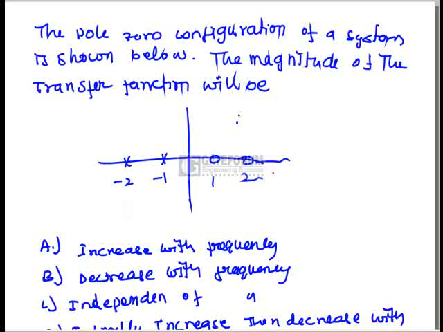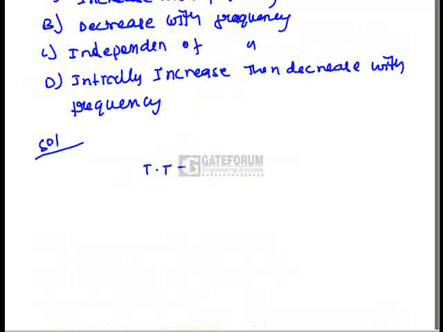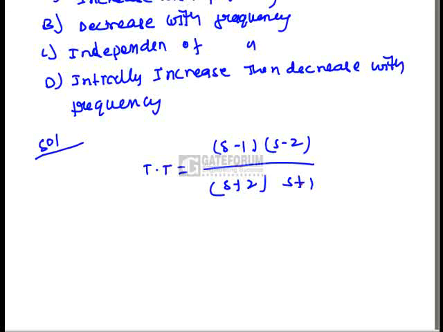Now if you convert this into an open loop transfer function model, then we get the transfer function equal to simply (S minus 1)(S minus 2) by (S plus 2)(S plus 1). Now this is the transfer function. Now if you find out the magnitude here, what is the meaning of magnitude?